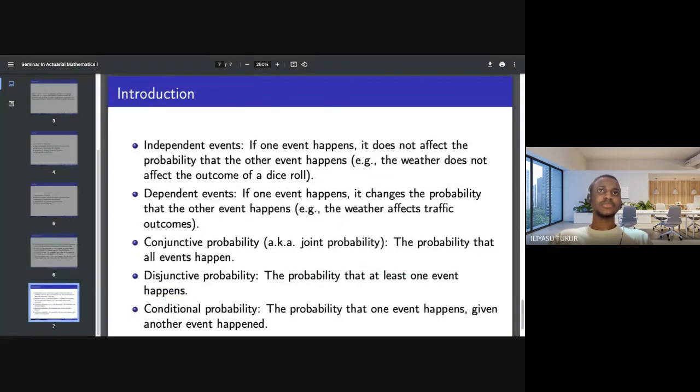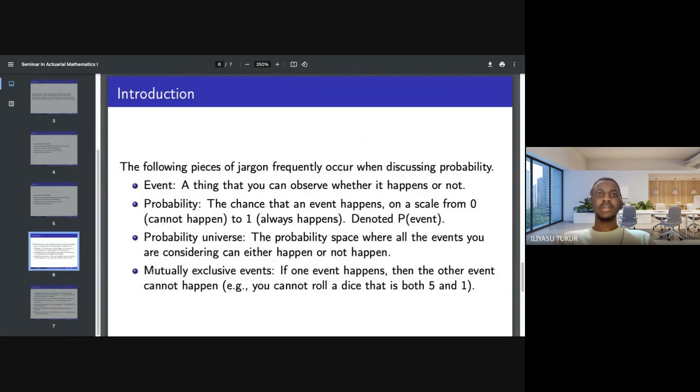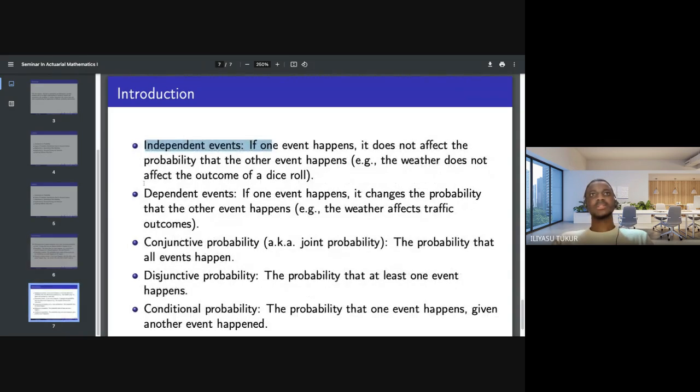All right, so let us see others. Independent event. Last week this is something we also discussed, so I bring it up. If one event happens, it does not affect the probability that the other event happens. So you see the differences now. Here we didn't talk about exclusive, sorry, inclusive. Inclusive is the reverse. So independent event: if one event happens, it does not affect the probability that the other event happens. Example, the weather does not affect the outcome of a die rolling.